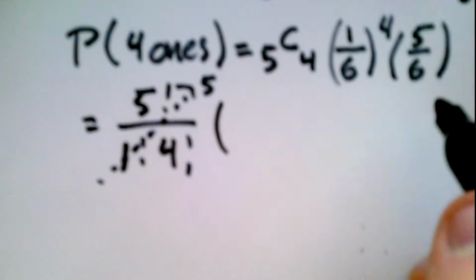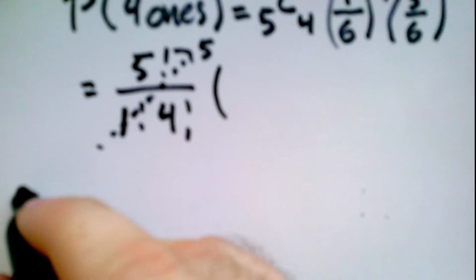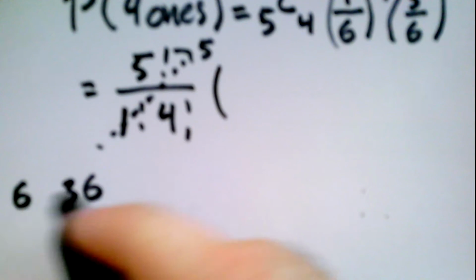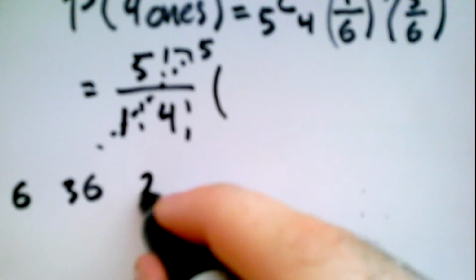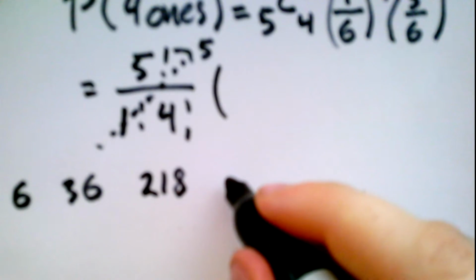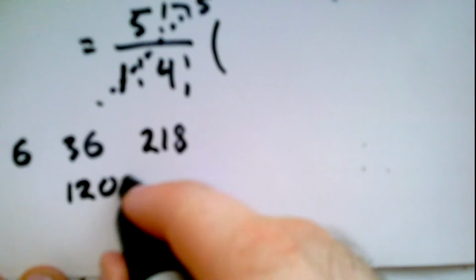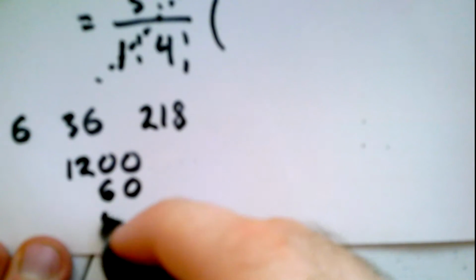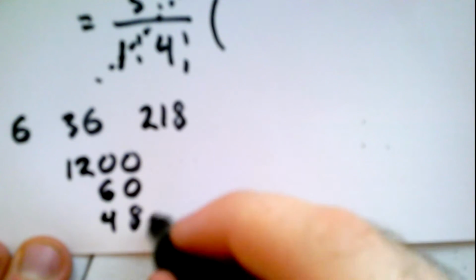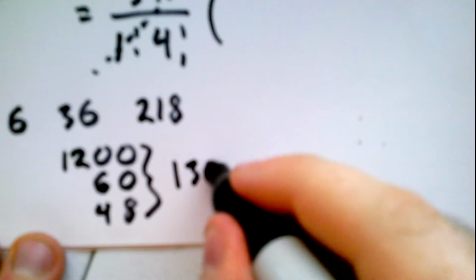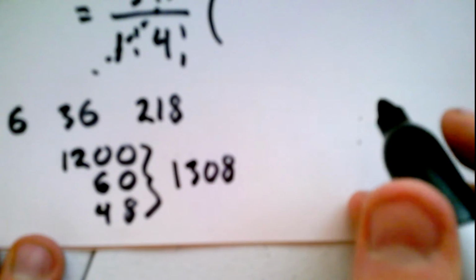Let's check that. My powers of 6s might be weak right now. 6, 36, 6 times 6 is 36, times 6 again is 218, times 6 again is going to be, well, 6 times 2 is 1,200, 6 times 10 is 60, and 6 times 8 is 48, giving us a total of, well, 1,308, which may or may not have been what I said earlier.